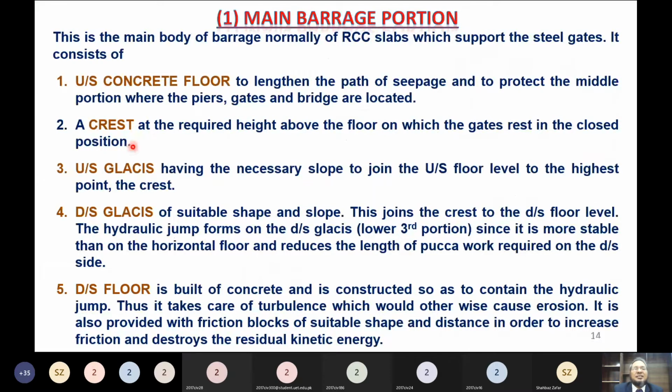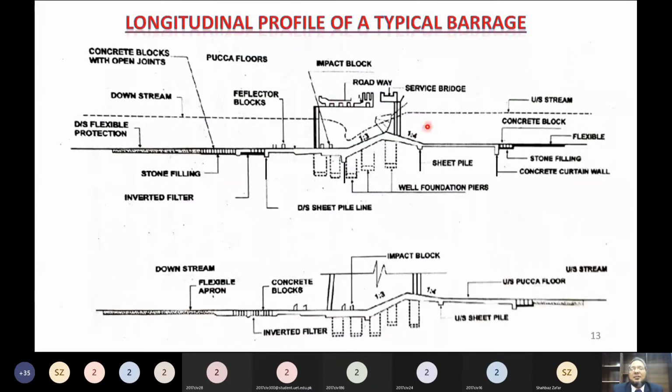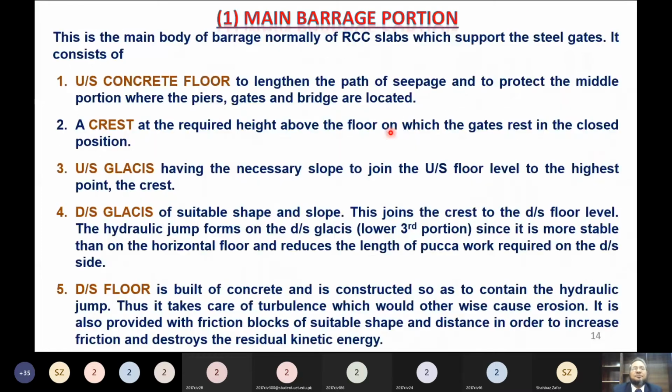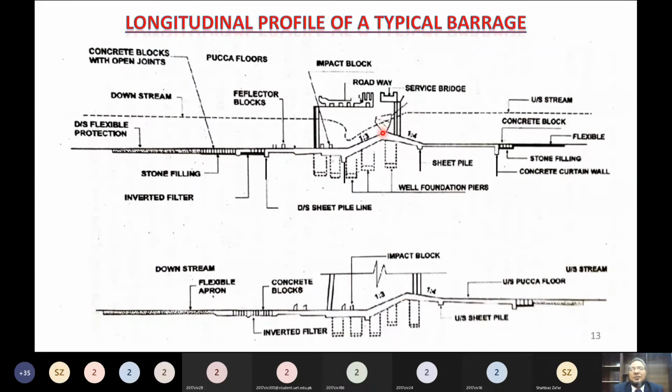What is the second? Crest. Crest is this part, the highest part of the weir. So it has a certain width. And on the crest of the weir, the gate has to rest.